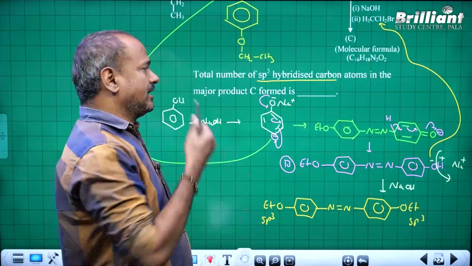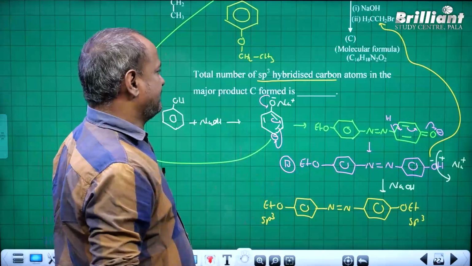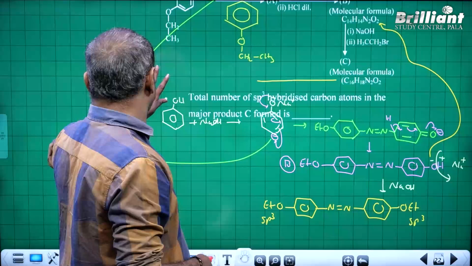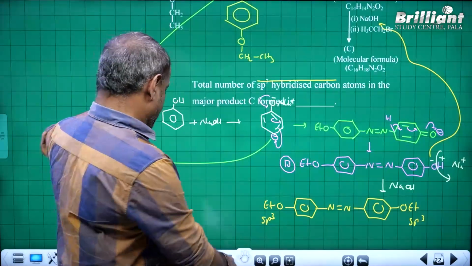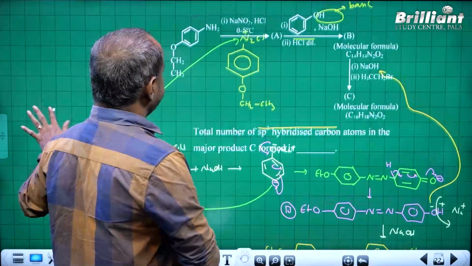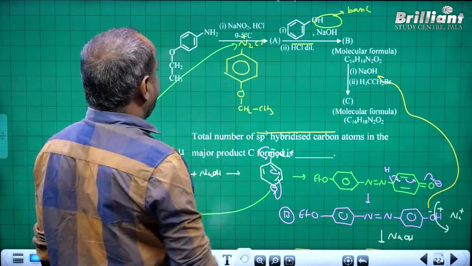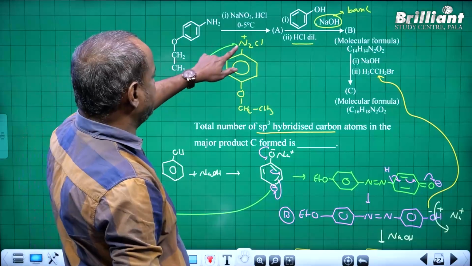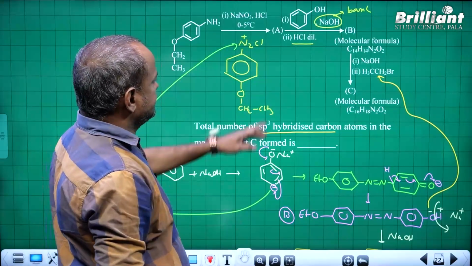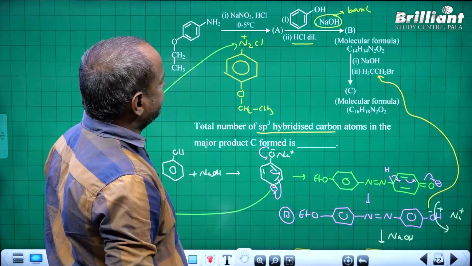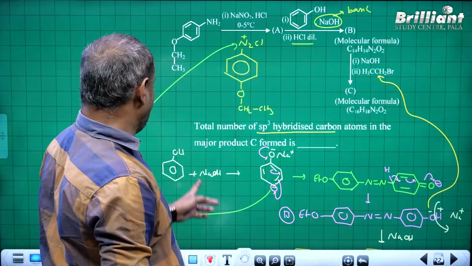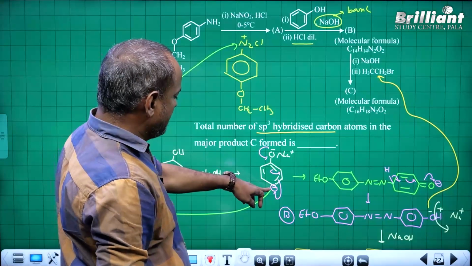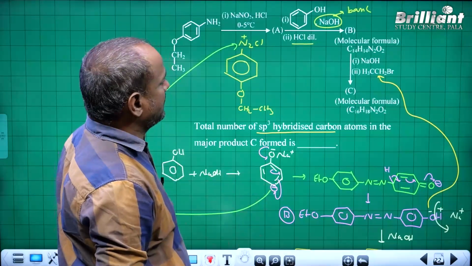If the formula is not given, then the confusion is about hydrolysis of ethers. Okay, so first step once more is diazotization to form diazonium salt A. Next, phenol with NaOH. Phenol with NaOH first forms phenoxide, with resonance stability to form O minus at C minus at the para position.